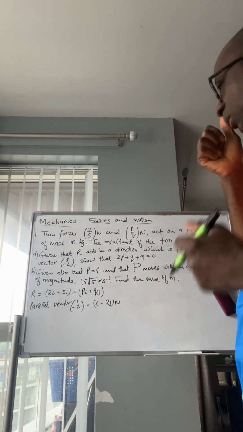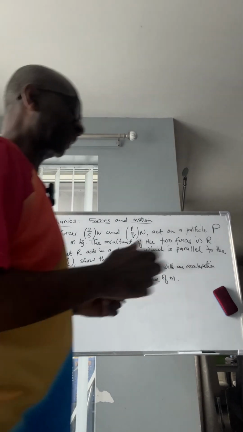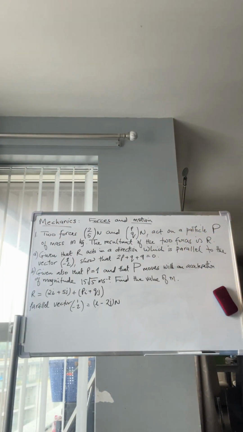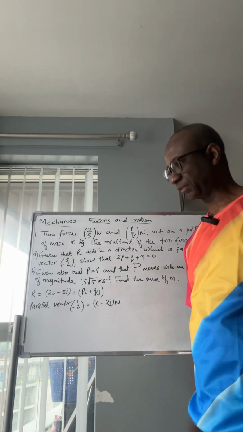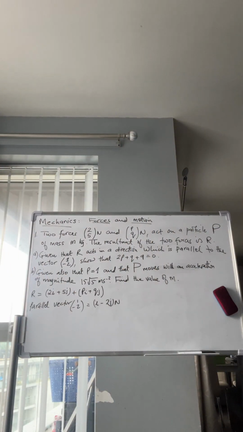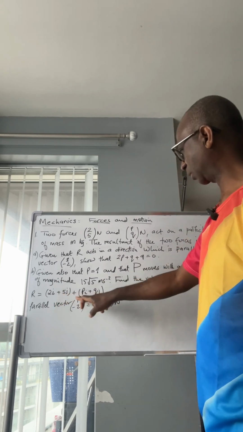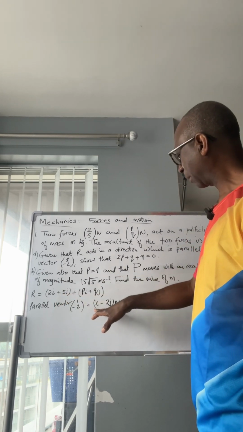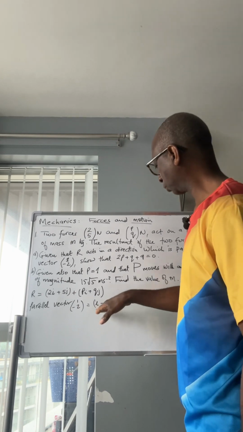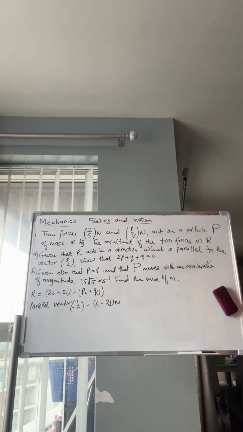So, what does it mean when they say two vectors are parallel? If two vectors are parallel, it means one is a multiple of the other. There is a number that is being multiplied by the other vector. But by how much is it parallel to the resultant vector?